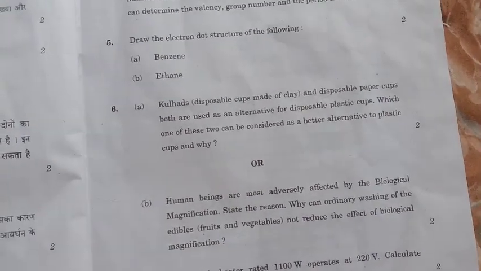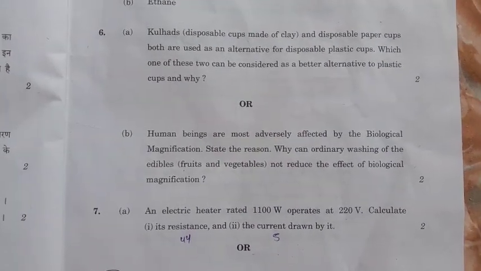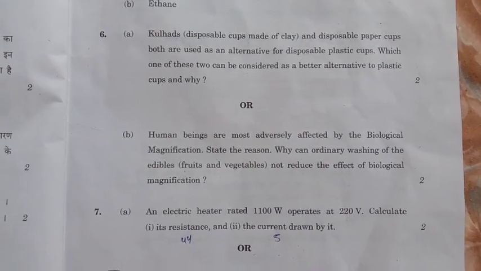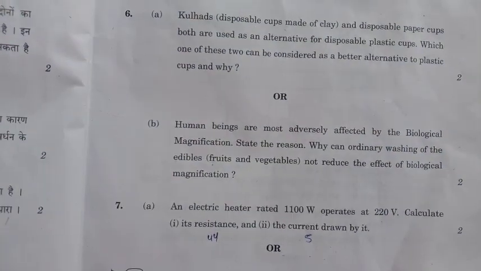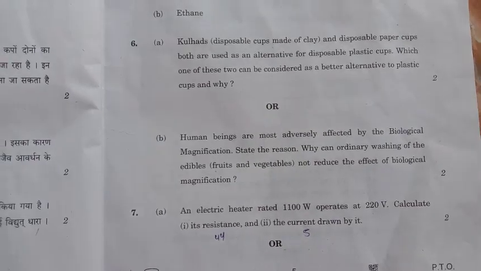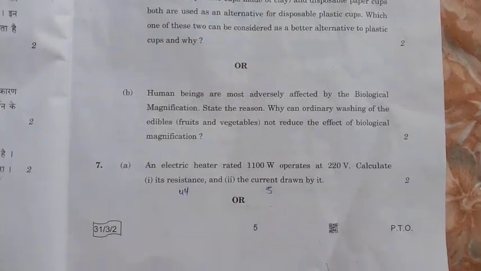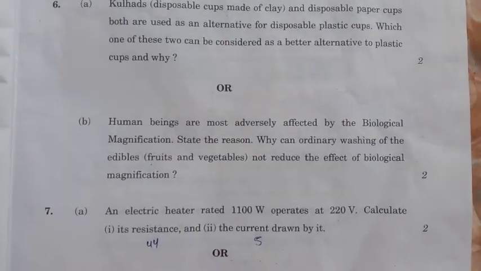We can state the reason like this. And why can ordinary washing of the edibles not reduce the effect of biological magnification? Because the harmful elements are present inside the edibles, and we cannot remove them just by washing them.